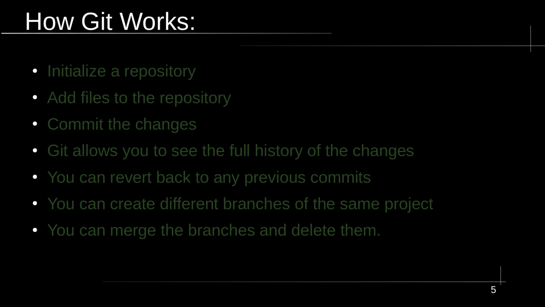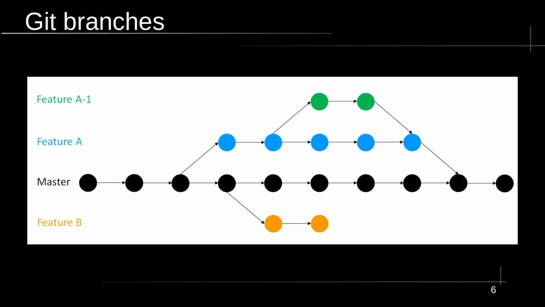Additionally, you can revert back to any previous commit if you want, and you can create different branches of the same project, then merge them into one and delete that branch. If you're wondering what a branch is, it has a configuration like this, and notice that we have a master branch and we have other branches. Each one of these circles is a separate version, and the first circle, the black one, is the very beginning of your project.